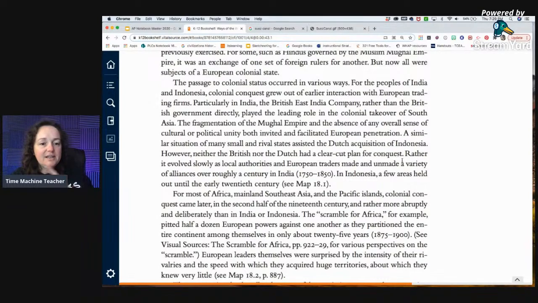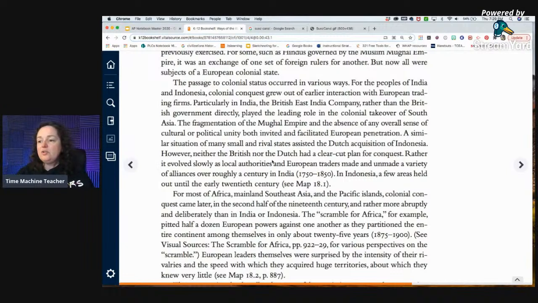For the people of India and Indonesia, here's one part of your question because it asked about Asia. So here it is. Colonial conquest grew out of earlier interaction with European trading firms. Particularly in India, the British East India Company, rather than the British government directly, played the leading role in colonial takeover of South Asia.